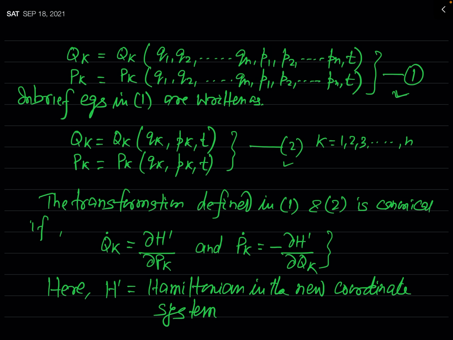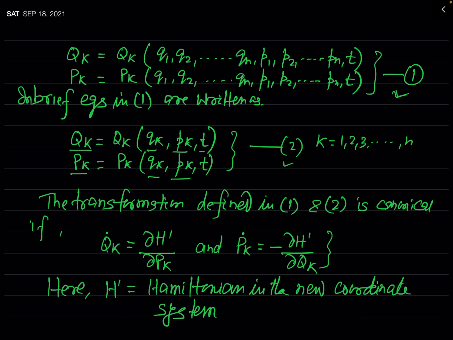Then you can express this position coordinate capital Qk as a function of the position coordinate, momentum coordinate and time of the old coordinate system. Time remains the same, and similarly the momentum coordinate of the new coordinate system can be expressed as a function of the position and momentum coordinates of the old coordinate system.